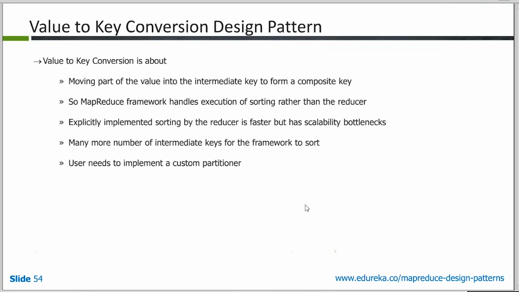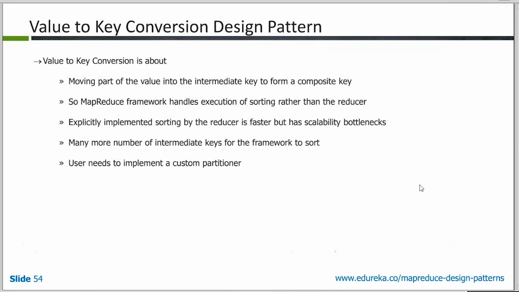But one thing you have to keep in mind is that you have to implement a custom partitioner now, because you want to make sure that for each of these terms, you are aggregating everything related to this term on the same reducer.